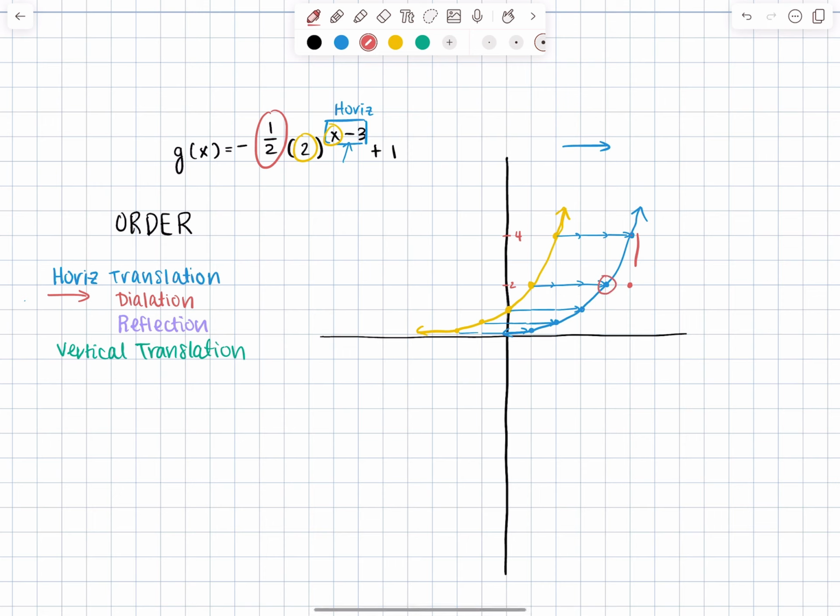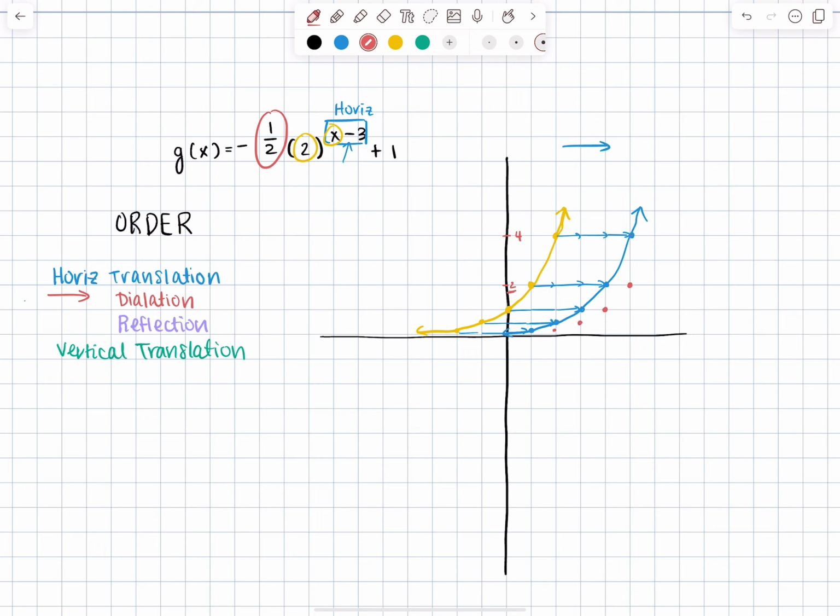For this point now, we're going to look at 2. So this point is at the value 2. So 2 divided by 2 is 1. So it's going to go down 1. And then for this point, it's at 1. So 1 times 1 over 2, that's just 1 over 2.